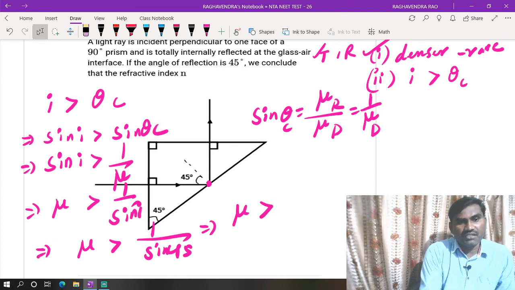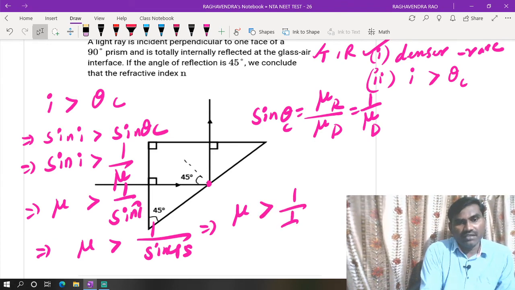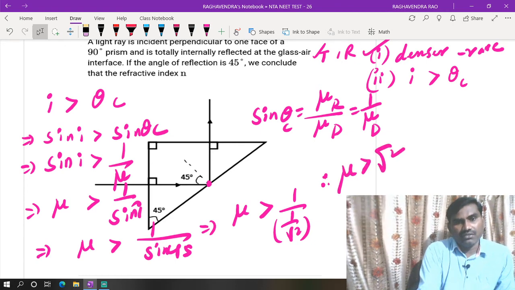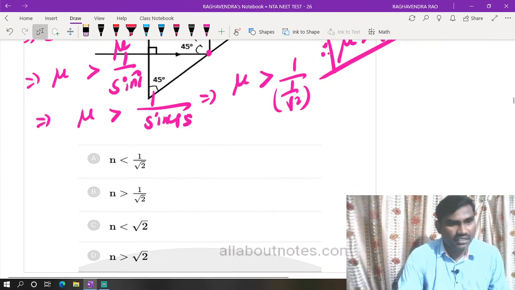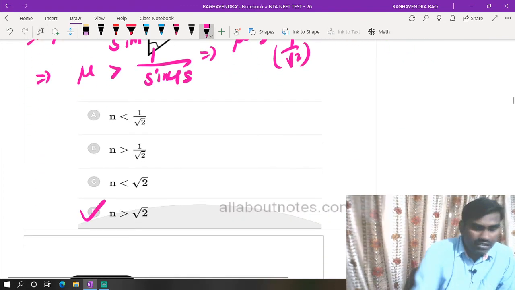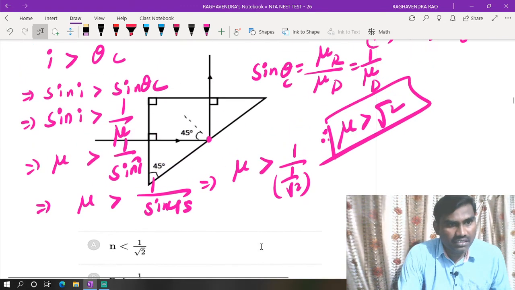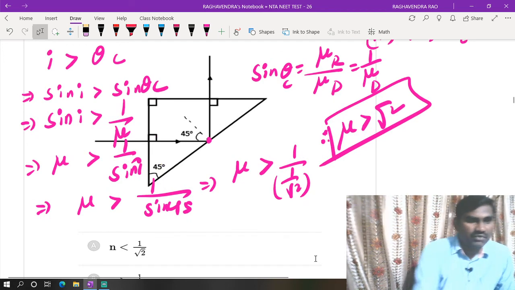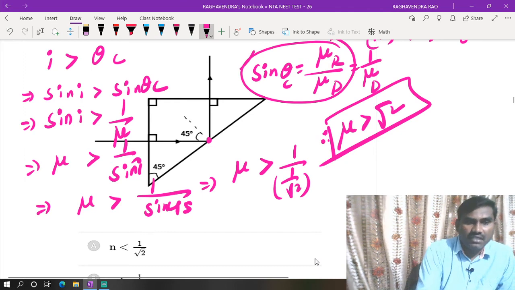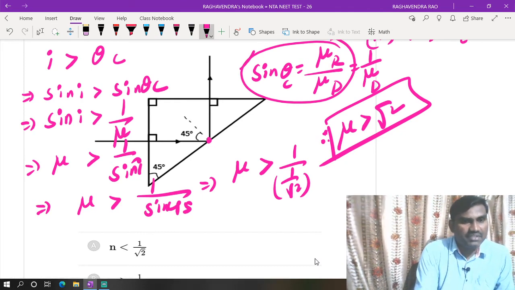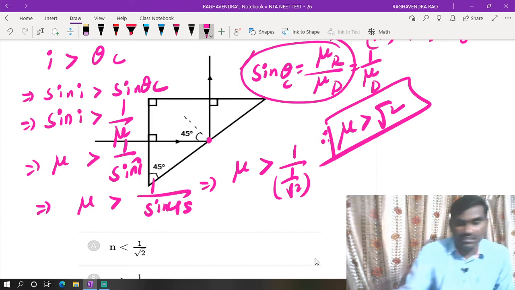So mu is greater than 1 by 1 by root 2, therefore mu is greater than root 2. Very important. It is a simple one, but you may get confusion about the rarer medium and denser medium case, and also the less than and greater than case. So you have to concentrate on these steps.